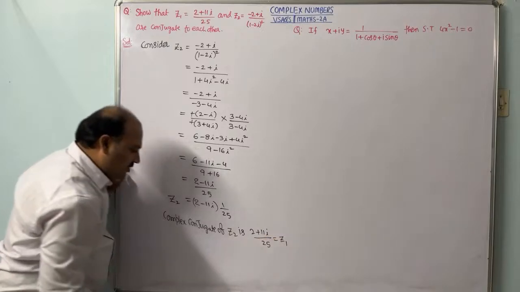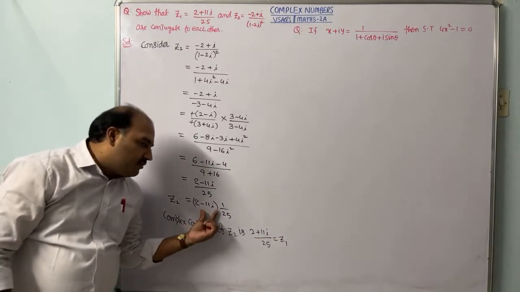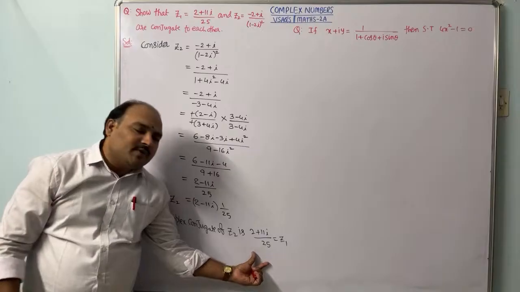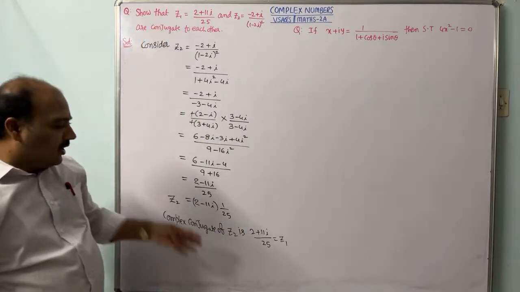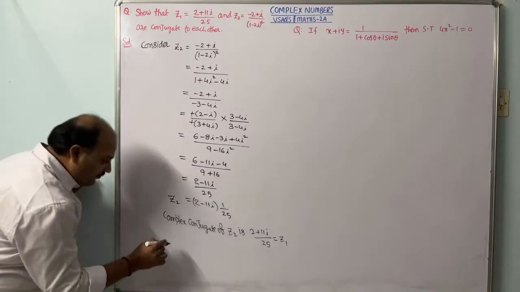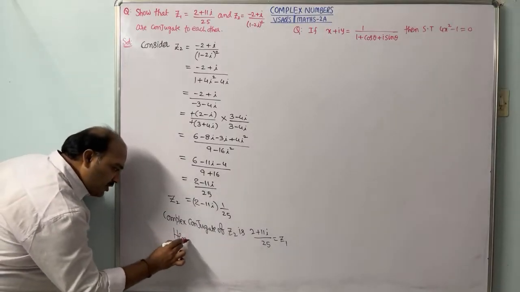I hope you understand, dear students. For this complex number, (2 plus 11i) by 25 is the complex conjugate, which is required, Z1 only. So hence proved, dear students.